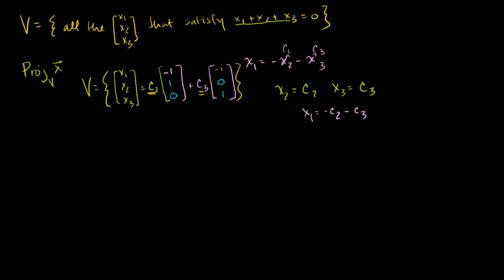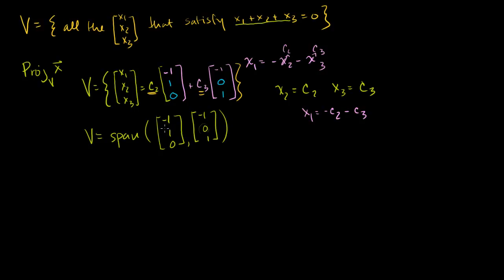Or another way of writing this is that V is equal to the span of the vectors minus 1, 1, 0, and minus 1, 0, 1. And we know that these are a basis for V because they're linearly independent. There's no way I can take linear combinations of this one and make the second entry be a 1 here. And likewise, there's no way I can take linear combinations of this one and make the third entry equal a 1 here. So these are a basis for V.